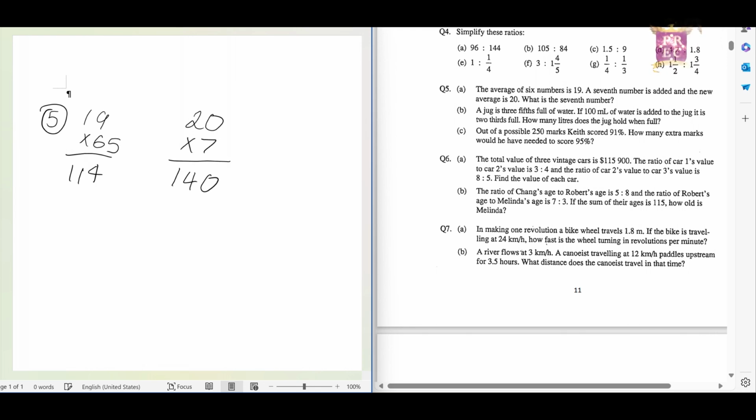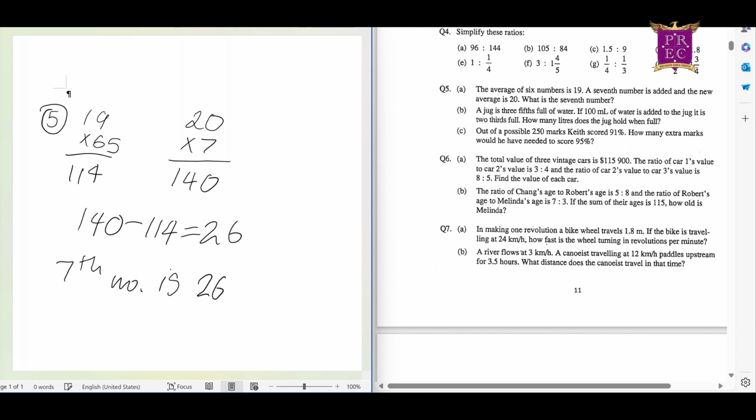And to find out what the 7th number was, we take away this total of 114 from 140. That should give us 26. So the 7th number is 26. Alright, as easy as that.